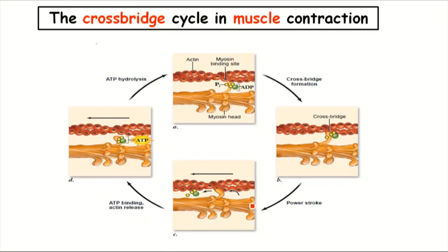After the power stroke, ADP and Pi are released, and it again moves to the original conformation. Then again ATP binds to this myosin head, breaking this cross bridge, and the hydrolysis of ATP again energizes this myosin head to the active conformation for cross bridge formation.